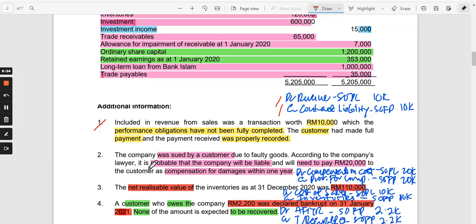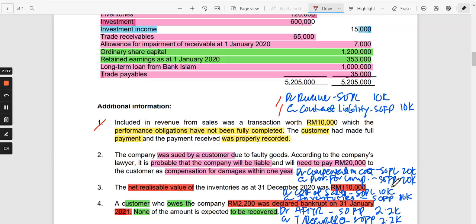According to the lawyer, the amount, which is a reliable estimate, is 20,000 to be paid as compensation for damages, and that needs to be paid within 1 year. So that will give rise to a provision for compensation. There will be a compensation expense, which is going to be shown in SOPL under other operating expense.